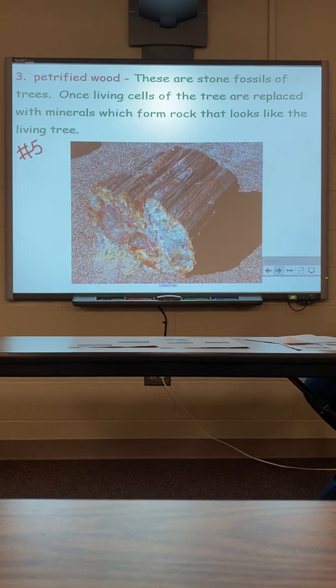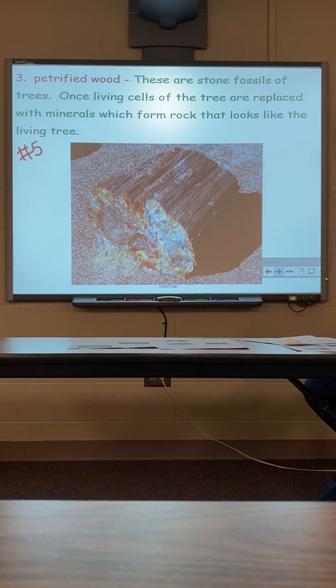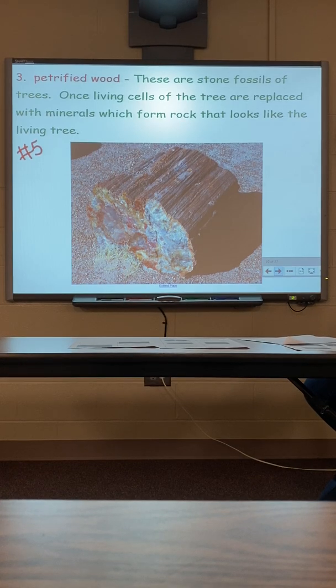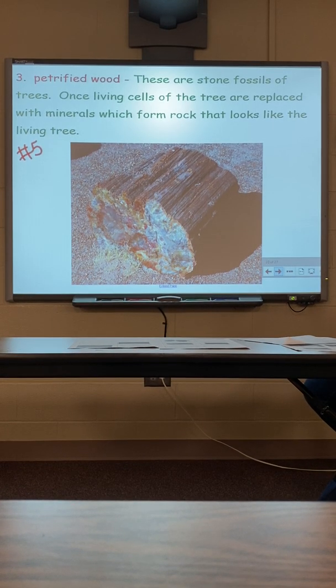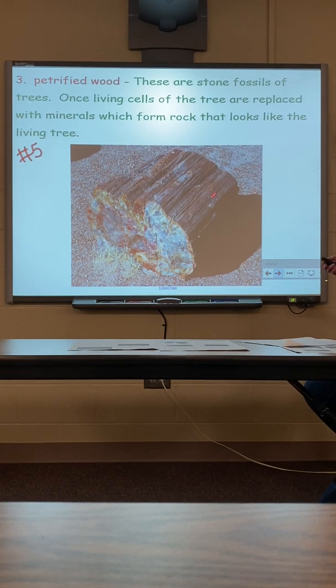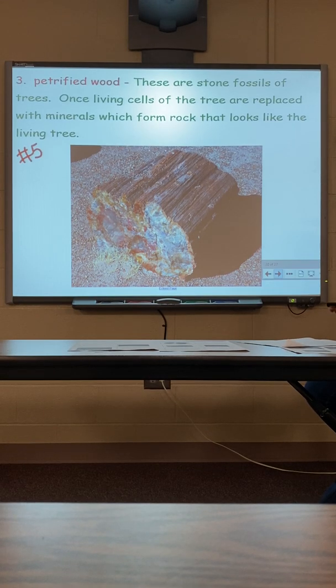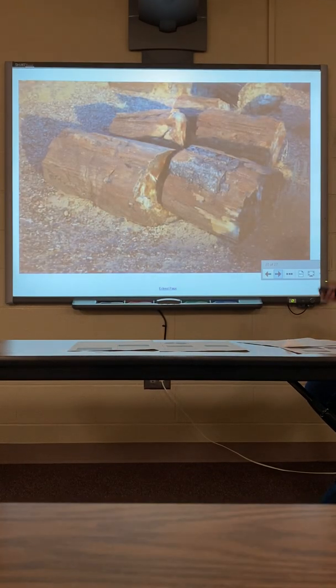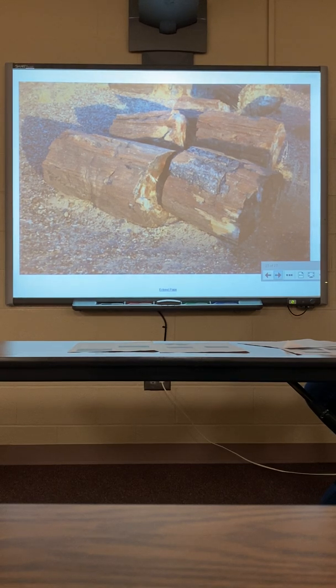As it decomposed slowly, as the living parts decomposed, each of the little cells was filled in with minerals, which then gives you a stone. You couldn't pick that up, that's a big old heavy rock, but you can see that the outside still looks like there's bark on it. And here's another photo. I just think these are really cool because these are huge.